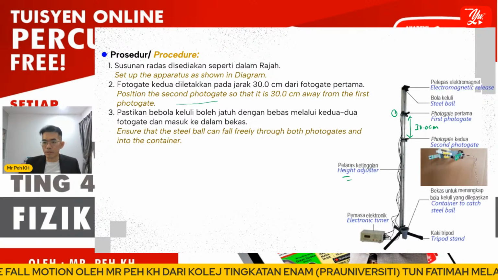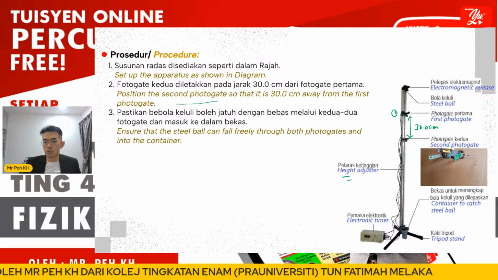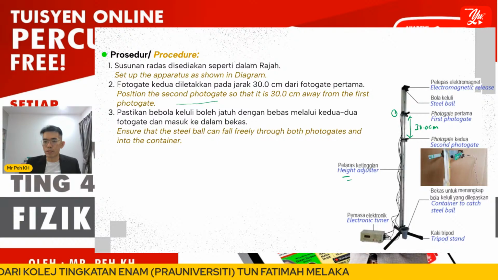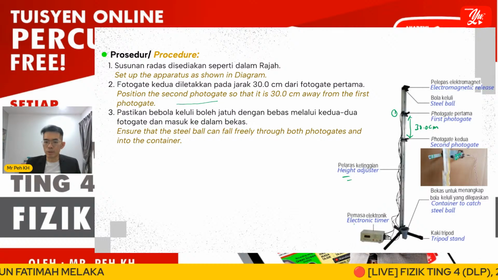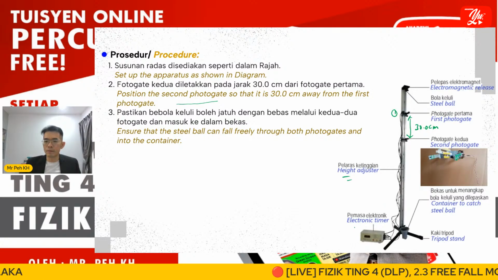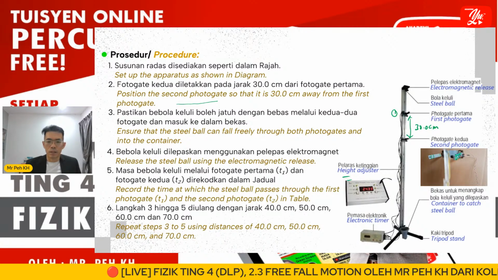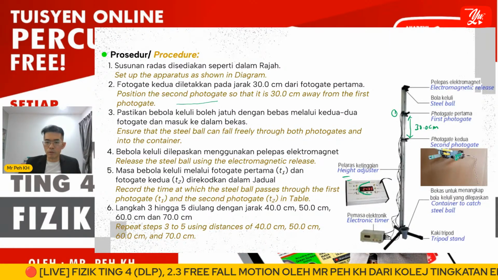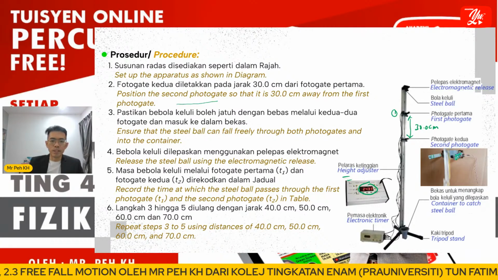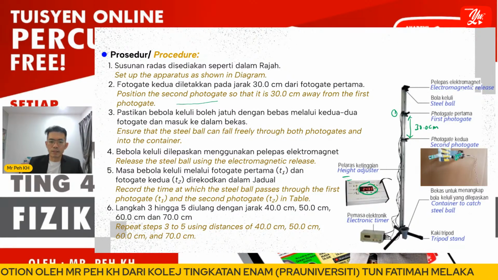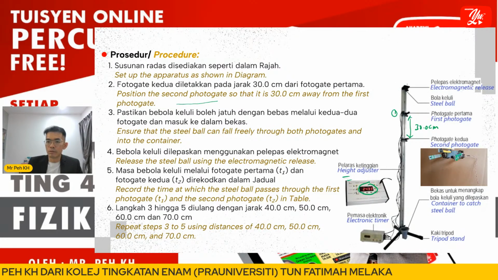This will be just like this figure. The object must pass through the photogate, only then can it be detected and the time shown on the electronic timer. This will be the value shown on the electronic timer. Release the steel ball using the electromagnetic release here.